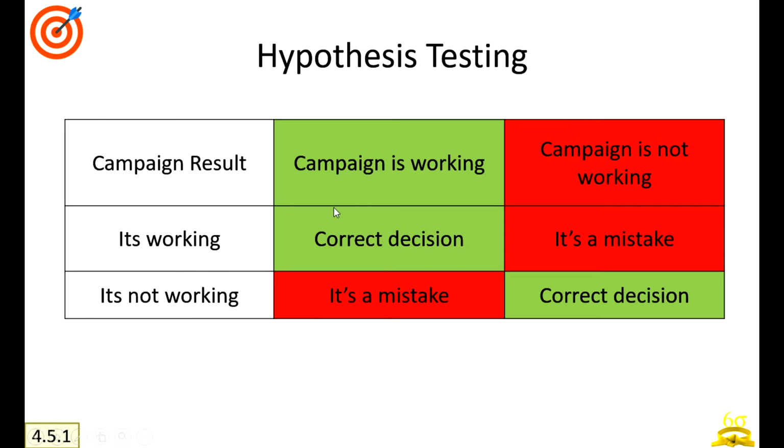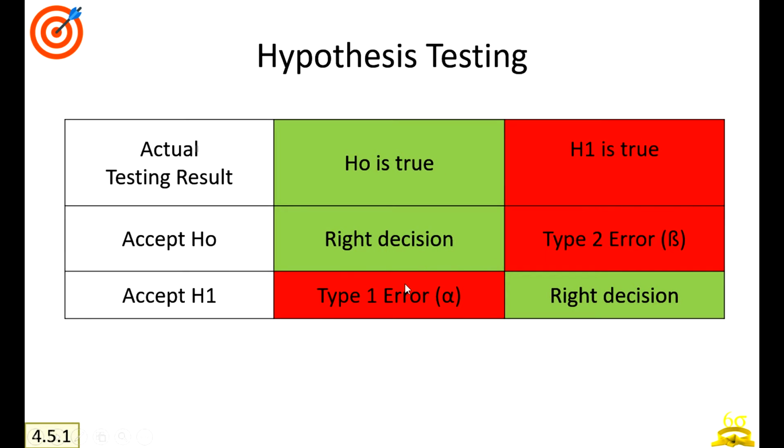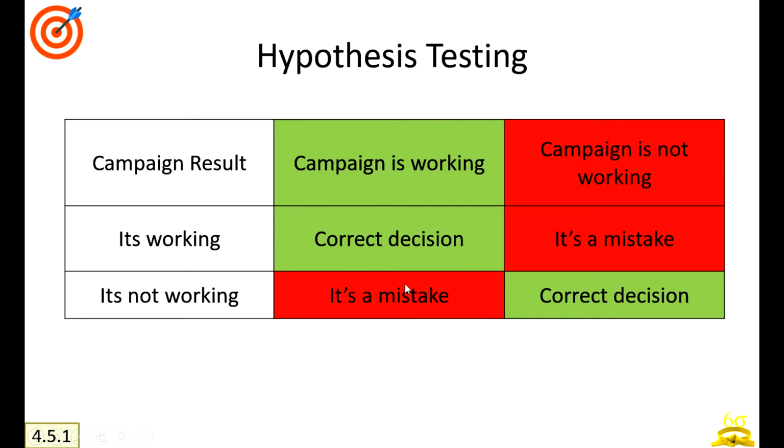Going forward, if the campaign is working and we decided that it is not working, it is a mistake. Similarly, if the campaign is not working and we decided it is not working, then we say it's a correct decision, right? So there are two areas where we have a correct decision and two areas where we have mistakes, right?